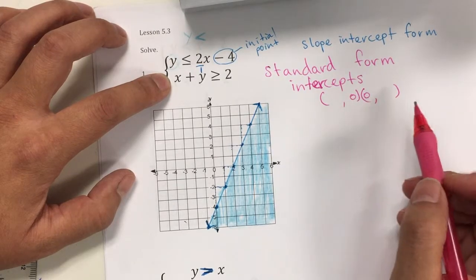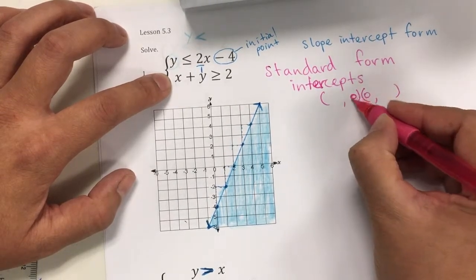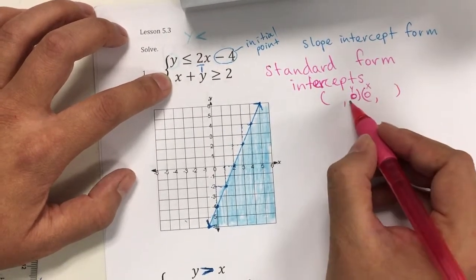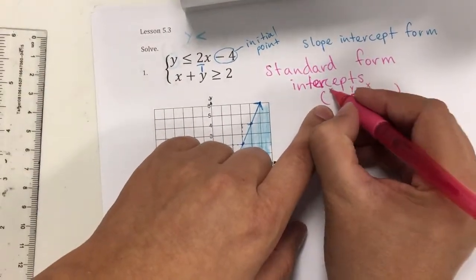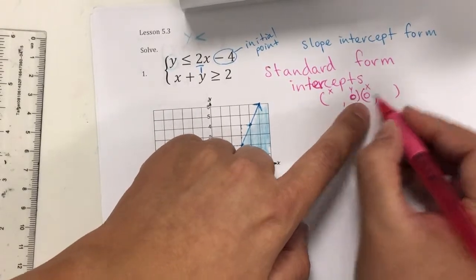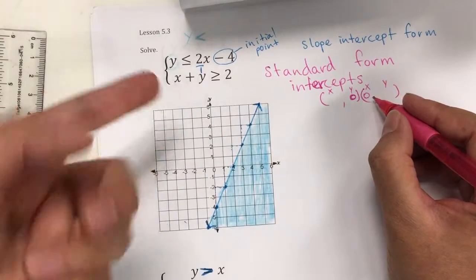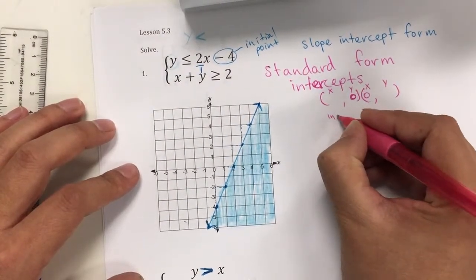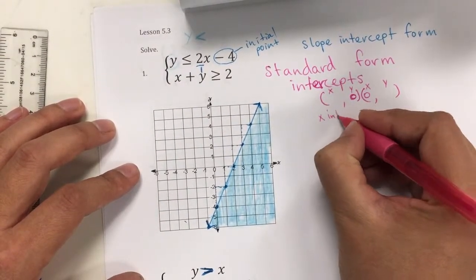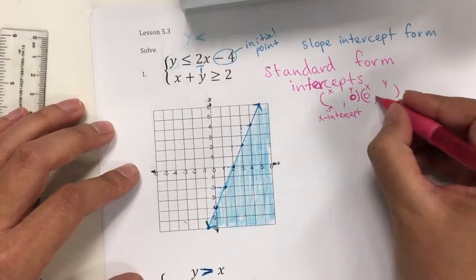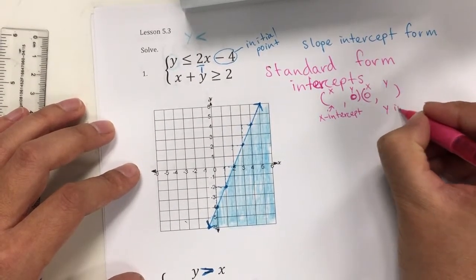And the intercepts, I told you in class, are where the line crosses the axes. So that's when you put a 0 for y in one of the variables. Remember that for the x-intercept, my y is 0. For the y-intercept, x is 0. The opposite is 0. So this is the x-intercept, and this will be my y-intercept.